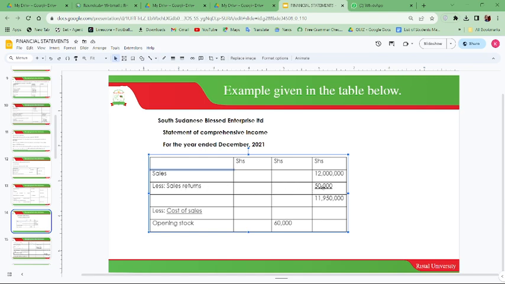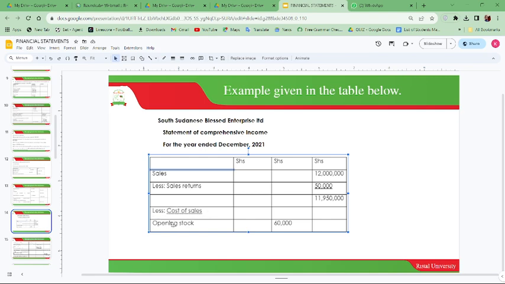So we less it from our sales to get 11,950,000. Then we less cost of sales.